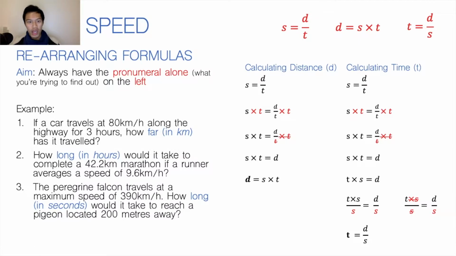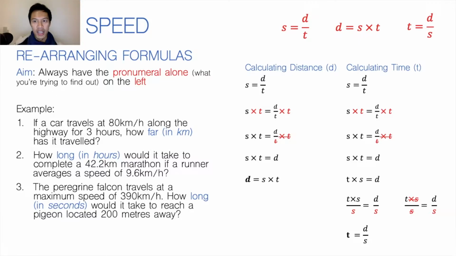So to work that out, I'm going to use the distance formula where I go d equals s times t, and I'm going to multiply my speed by the time, okay? Remember, because I'm after the unit in kilometers, I need to make sure that my speed unit and my time unit match up, so that they're both written in hours. If not, I have to begin converting my units once again so that they match, okay?